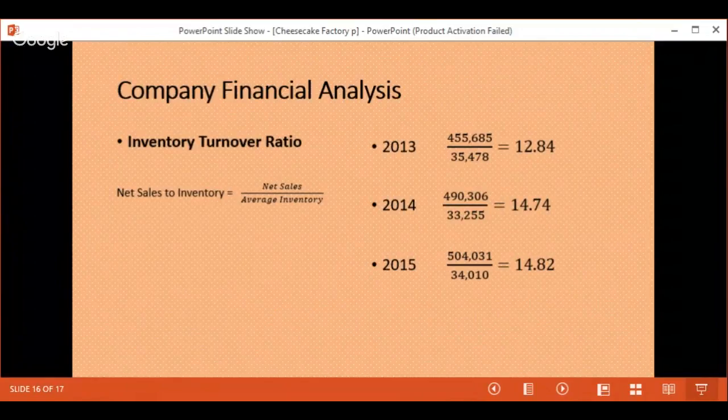The inventory turnover ratio was the most impressive of all. It showed that each year the ratio increased to a higher ratio. It was 12.84 in 2013, and then went on to become 14.74 in 2014, finally slightly increasing to 14.82 in 2015. Now for the results and conclusion, over to Evan.